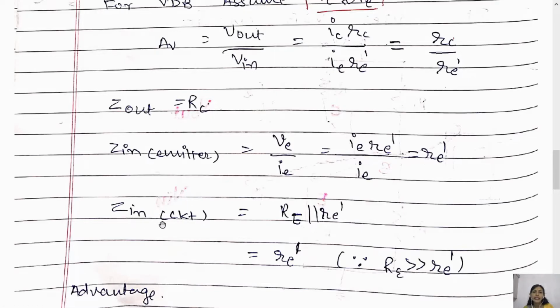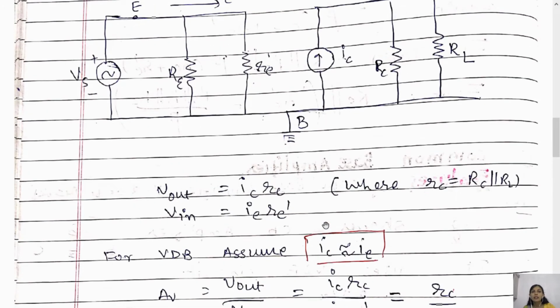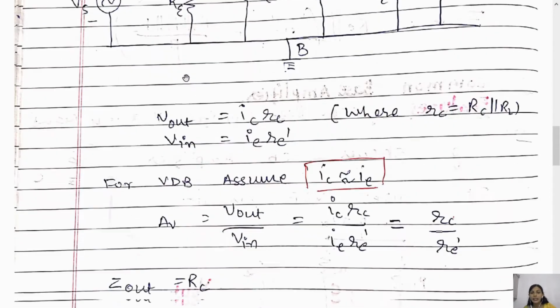Next, Zin of the circuit means the stage. The final Zin is equal to RE dash parallel RE. For the whole stage, for the input port, Zin stage is defined as RE dash parallel RE.